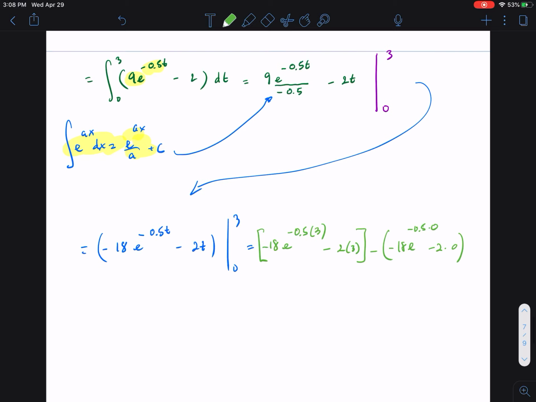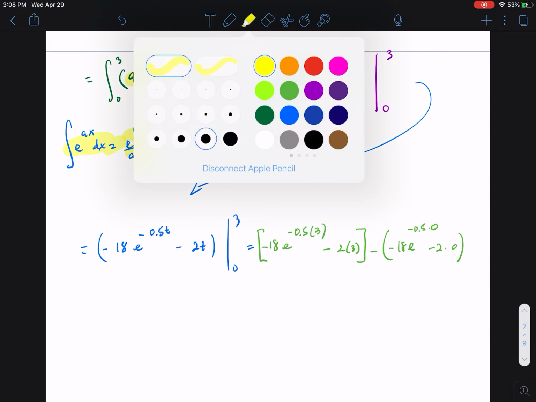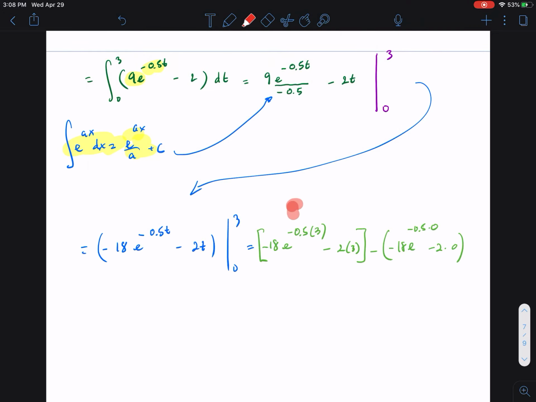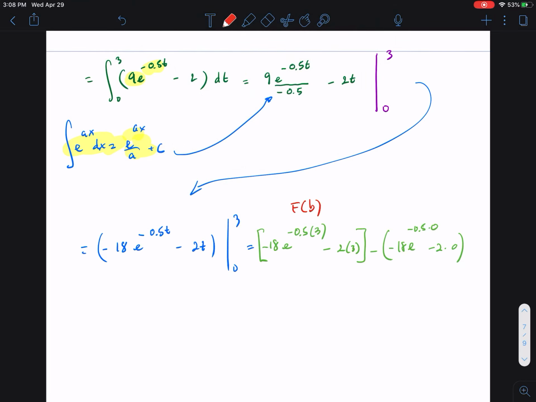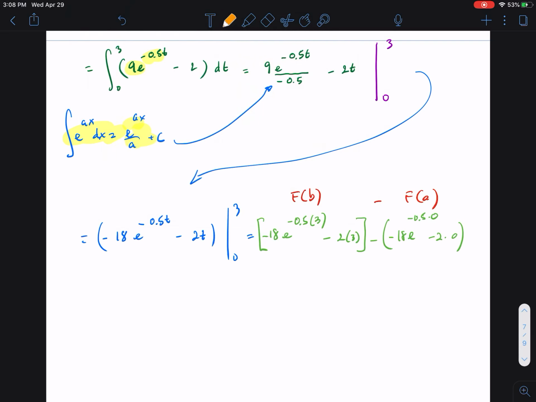So what we have here is capital F of B minus capital F of A. If we do the math correctly, we should get negative 18 e to the negative 1.5 minus 6, minus negative 18 times 1 minus 0.